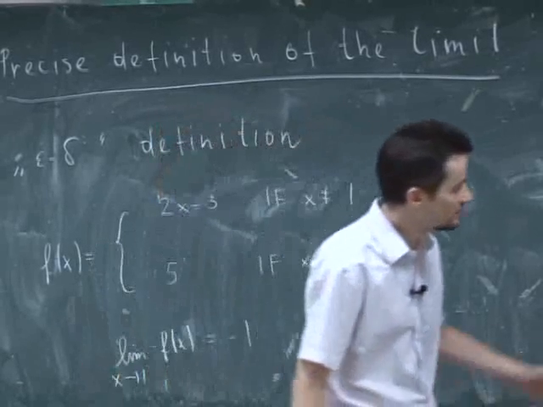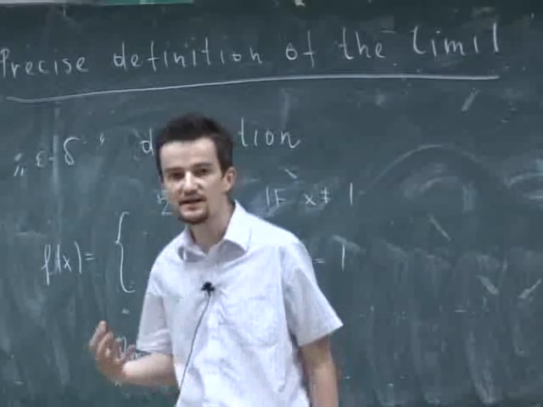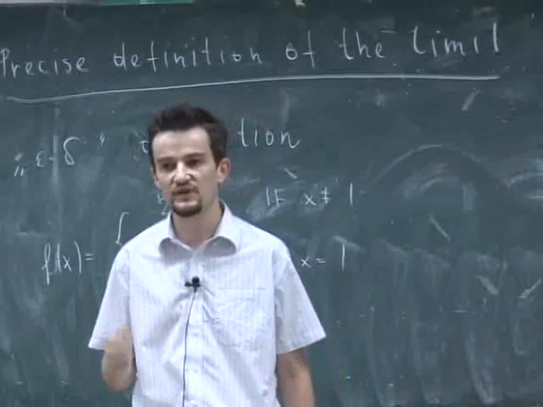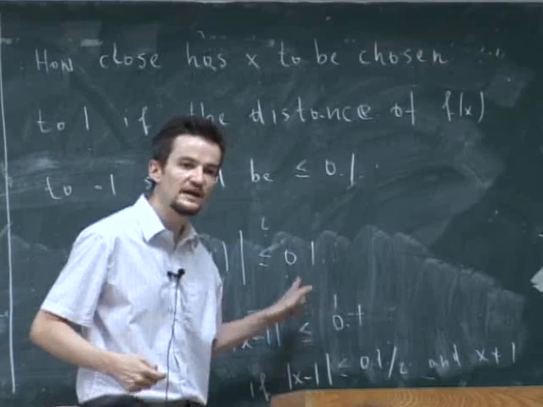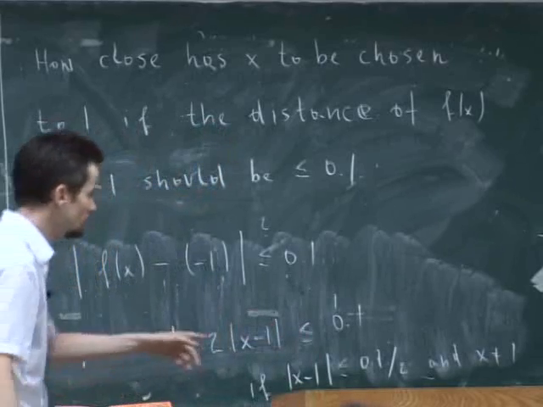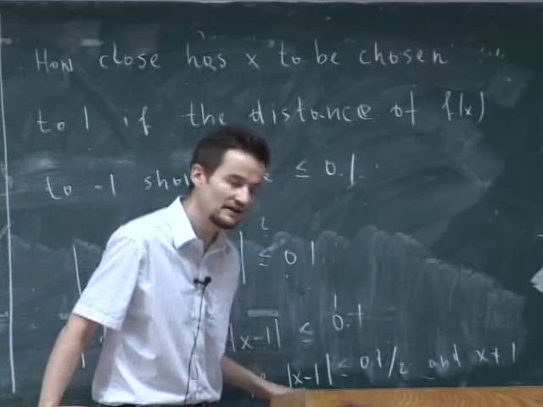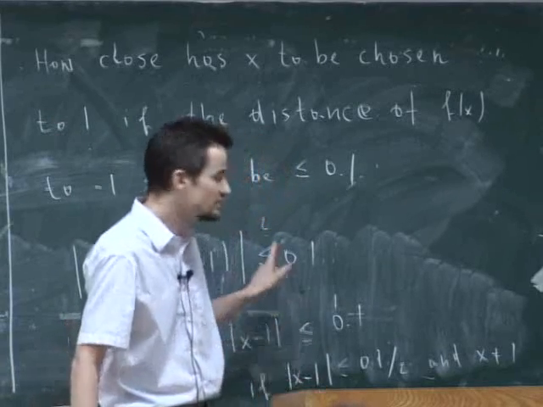So you see from here that what I said before, we can make precise. Namely, if you tell me the distance should be 0.1, I can tell you how close x has to be to 1 such that you achieve this goal.